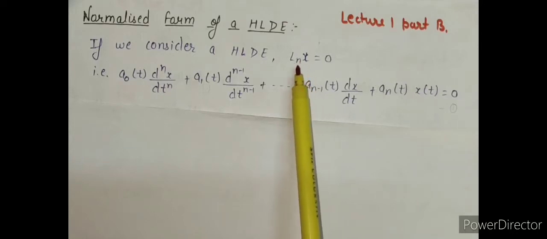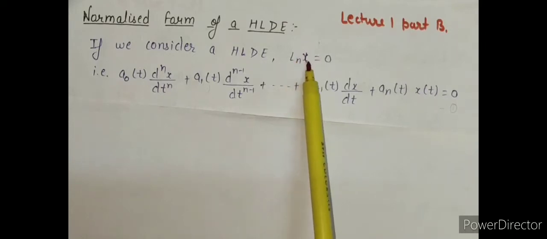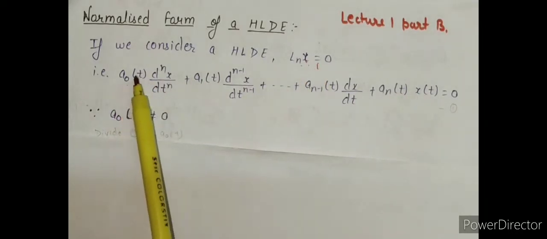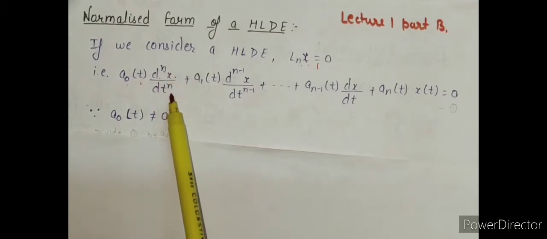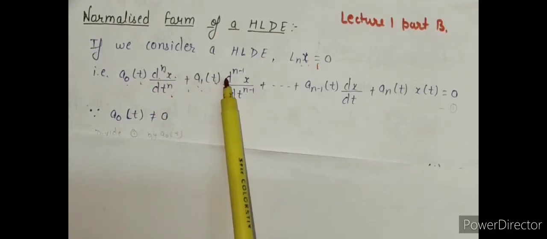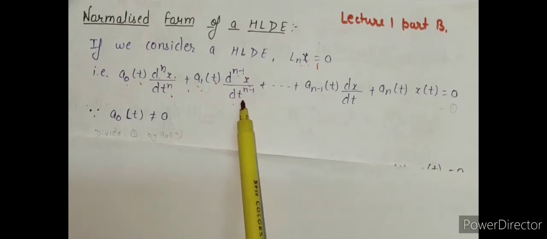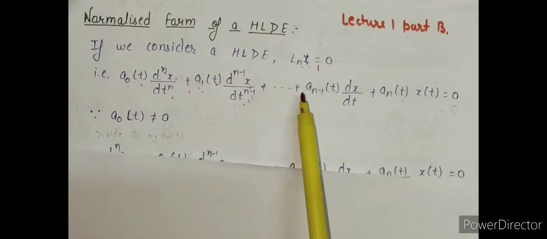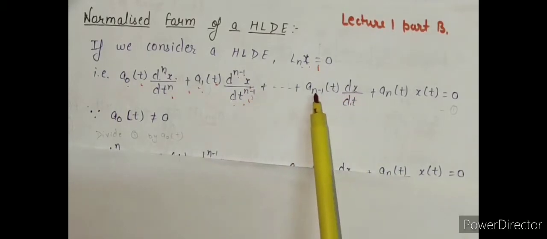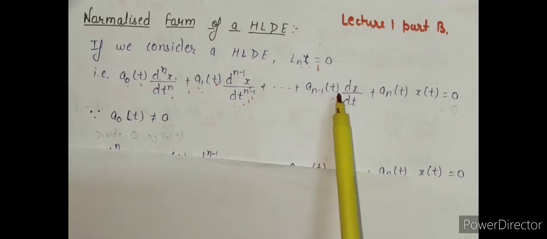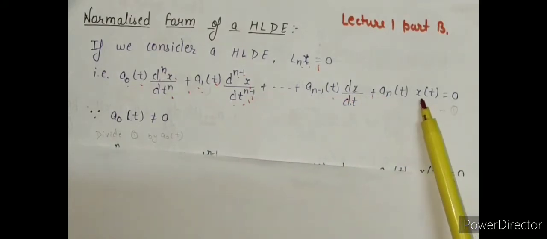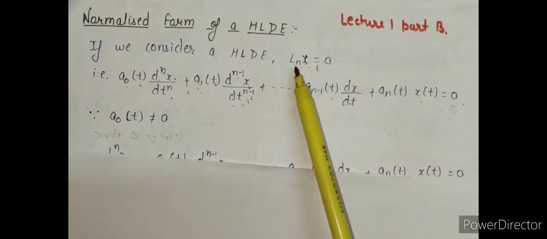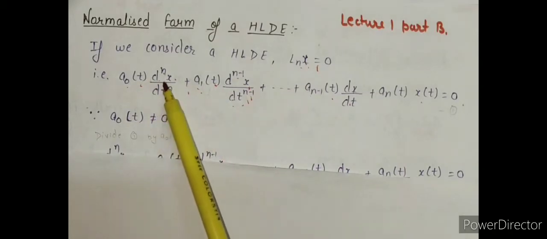In the form of scalar differential equations, this Ln x is written as a0(t) d^n x/dt^n plus a1(t) d^(n-1) x/dt^(n-1), meaning the (n-1)th derivative of x, and so on, dx/dt is here, and here are coefficients a_(n-1)(t) and a_n(t) operating on x(t) = 0. This is my differential equation of nth order.